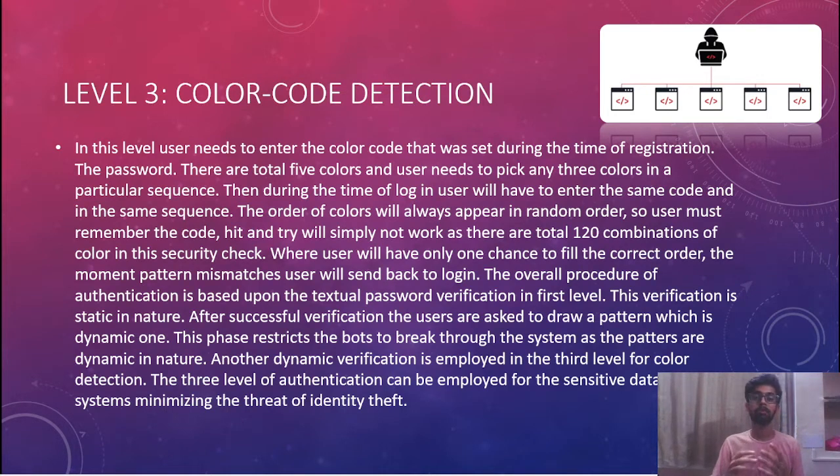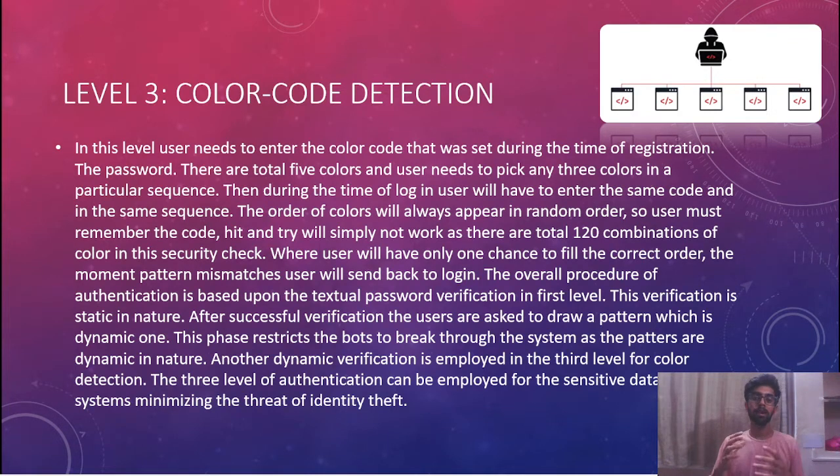Then during the time of login, the user will have to enter the same code in the same sequence. The order of colors will appear in random order. So the user must remember the code, and hit and trial will simply not work, as there are 120 combinations of colors in the security check.